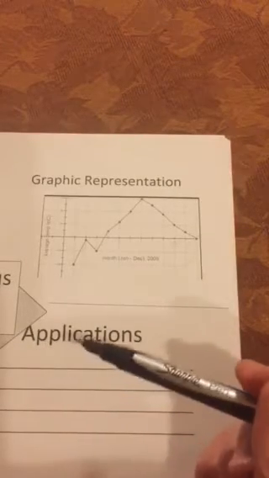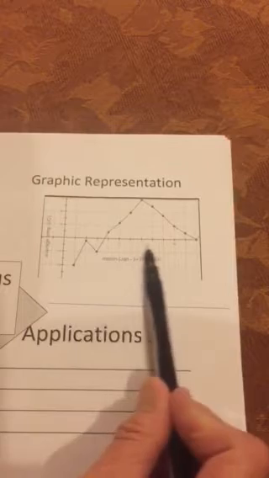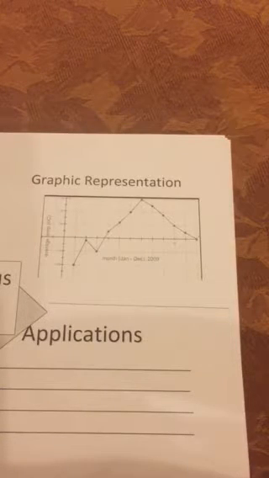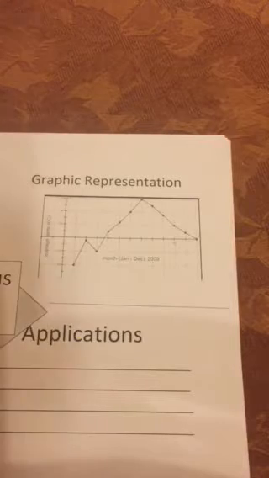Now let's go to the graph. This is kind of similar to what we had yesterday. It talks about the average temperature in the months. And the reason this is not discrete is because you can't count it. You can't say, okay, January, I've got 78 degrees. February, I got 79, 80.